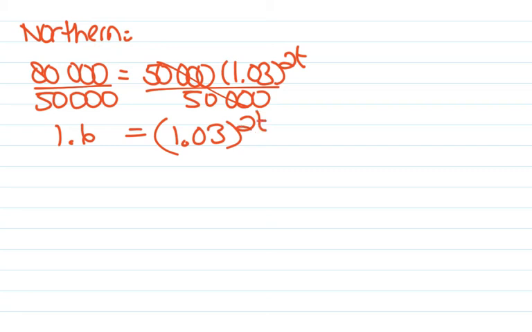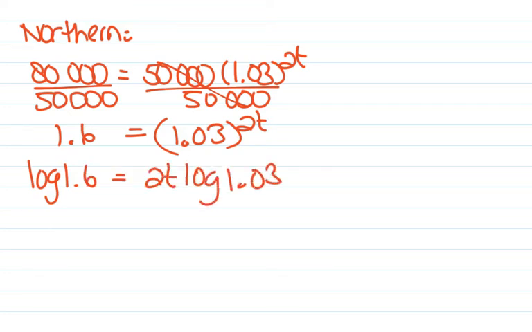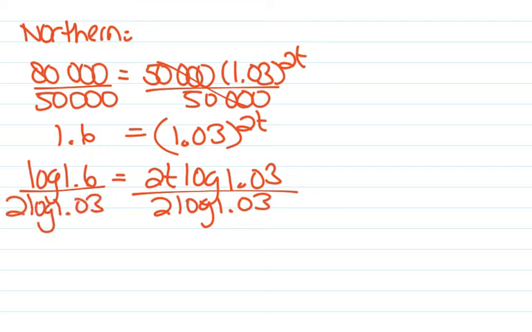We'll take the common logarithm of both sides. Log 1.6 equals 2t log 1.03. In order to isolate t, we'll divide both sides by 2 log 1.03. In your calculator, log 1.6 divided by 2 log 1.03 equals 7.95.